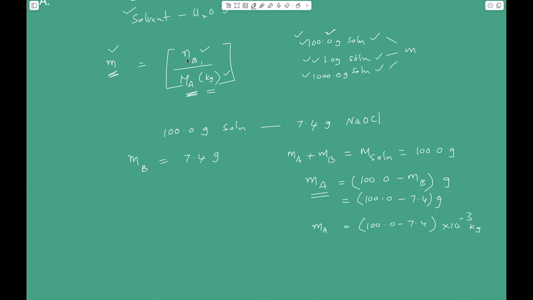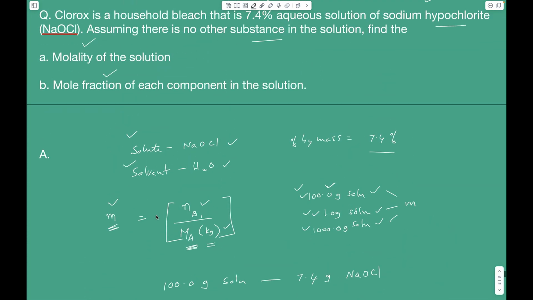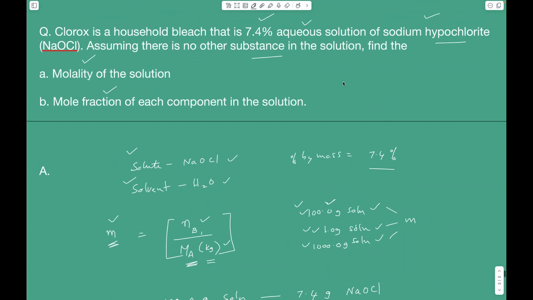Now we have to figure out the amount of substance or the number of moles of solute, that is nB. How do you find out the value of nB given the mass of the solute? You have to divide the given mass with its molar mass, right? What is the molar mass of sodium hypochlorite?